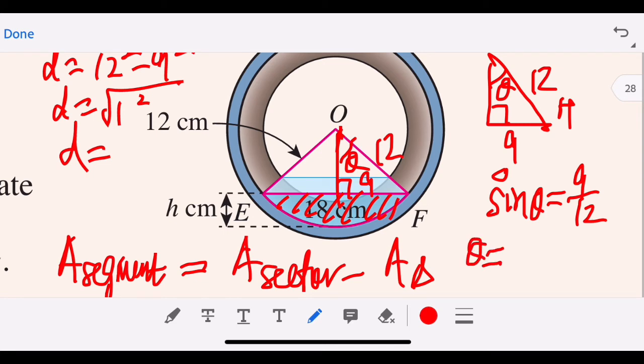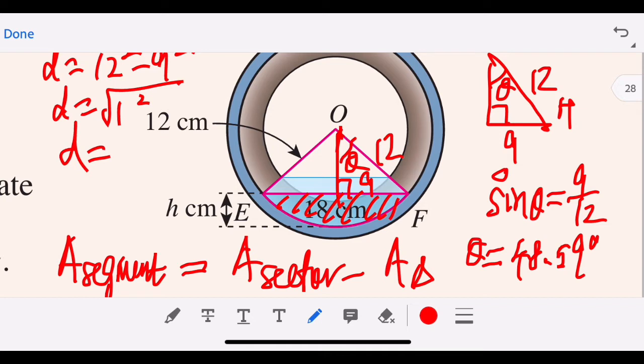How many degrees? Normally we want the degree. Okay, let's press the calculator. 9 over 12, and then we shift sine, we will get 48.59 degree.